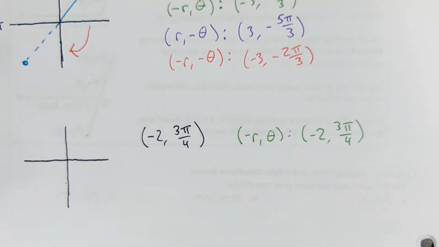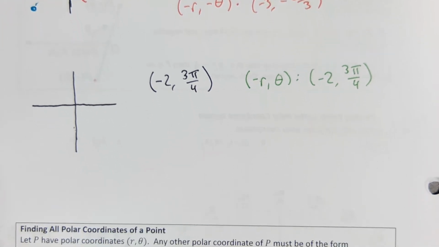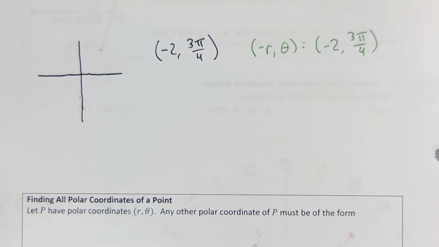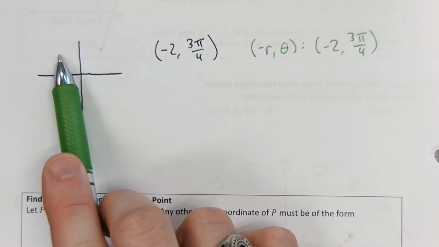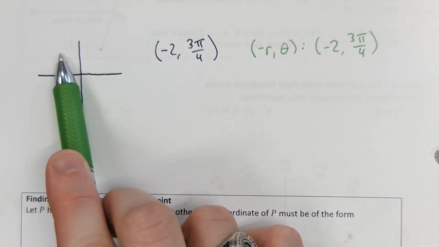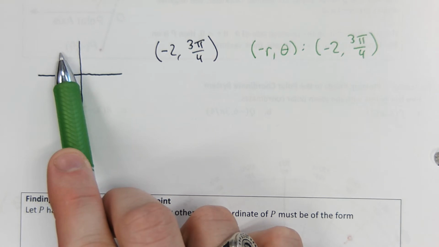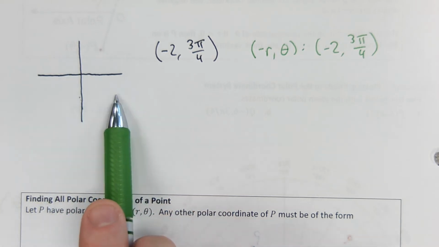The first thing we need to do, though, is figure out where that is. So 3 pi over 4 puts us where? Right, quadrant 2. Negative radius puts us across it, so we'd be in quadrant 4.